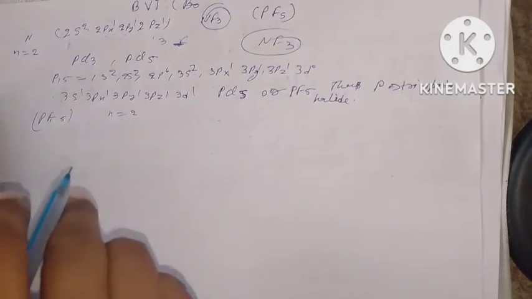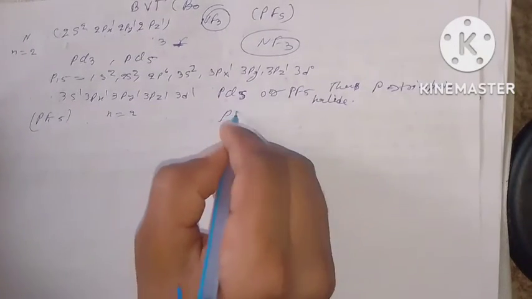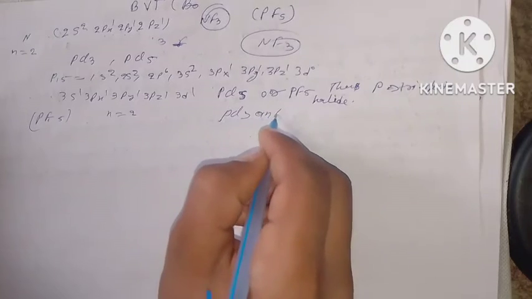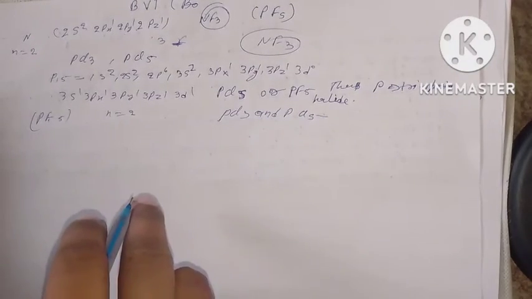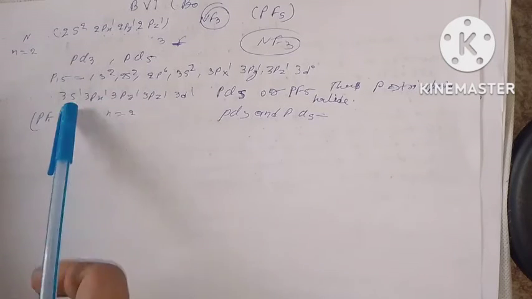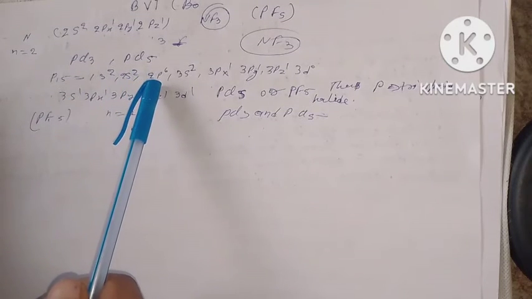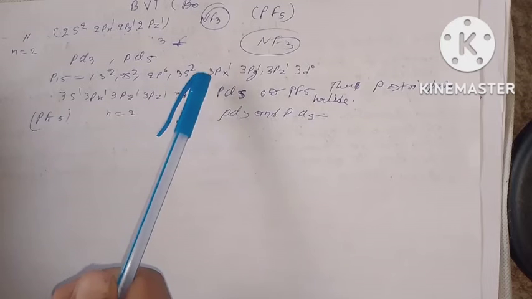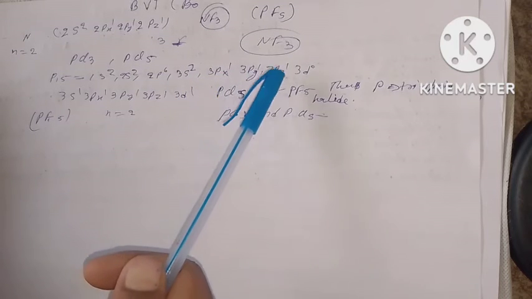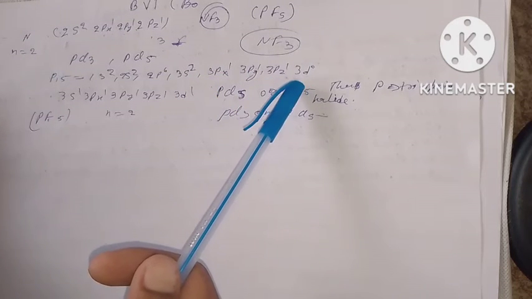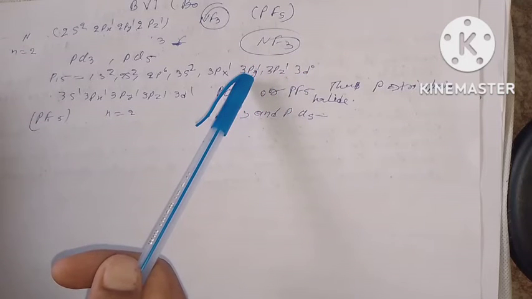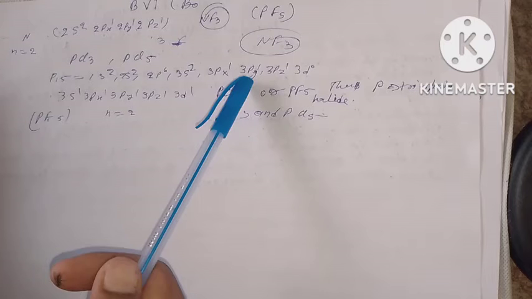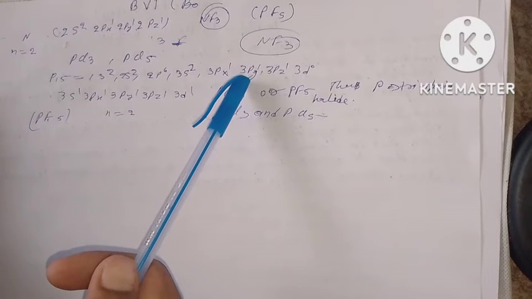But P forms both PCl3 and PCl5. The electronic configuration of P is 1s2, 2s2, 2p6, 3s2, 3px1, 3py1, 3pz1 and 3d0. The 3 unpaired electrons in 3p orbitals of P combine with 3 chlorine atoms and PCl3 is formed.